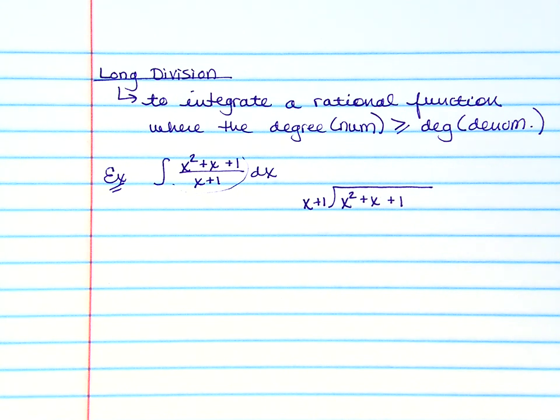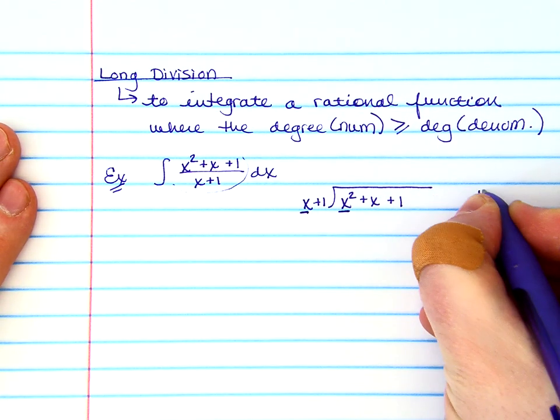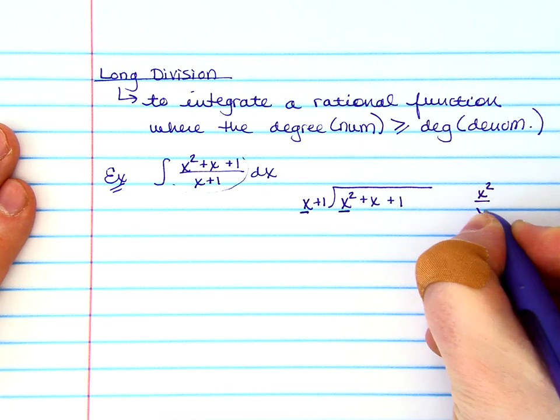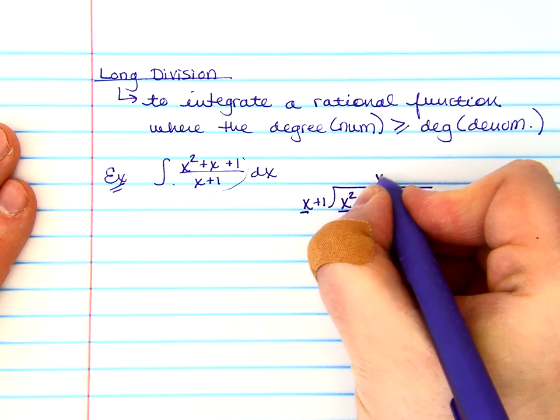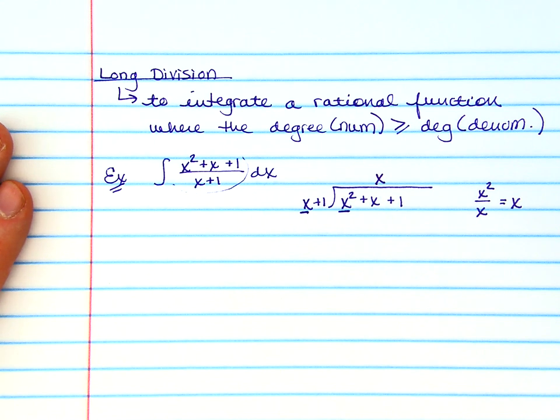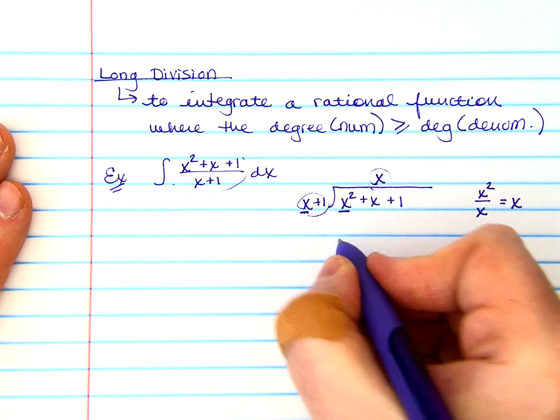Remember, with long division, we divide, then we multiply, we subtract and bring down, and then we restart the process. I'm going to divide x squared by x, and that gives me x, my first division answer. I'm going to write that above the x term. I've divided, and now I multiply that answer times both things out front.